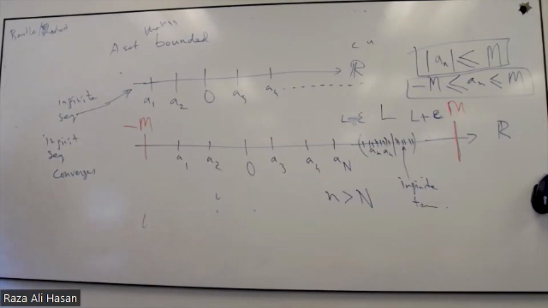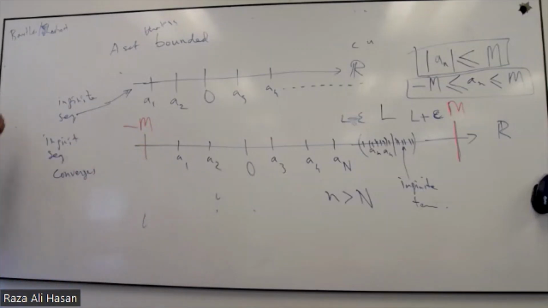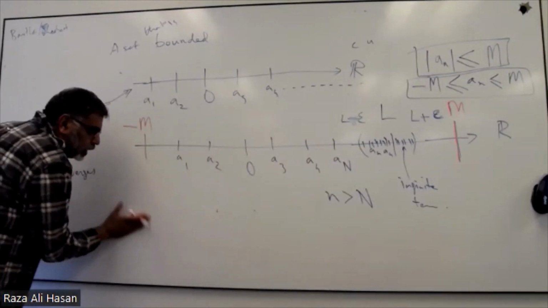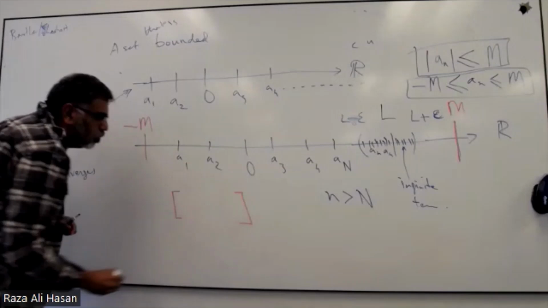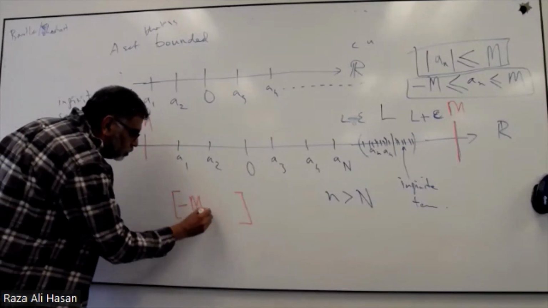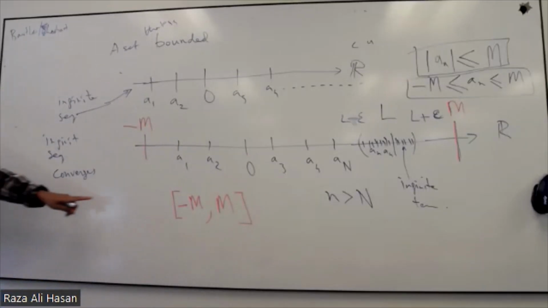And these are not terms of the sequence. What you have is that this sequence is inside this closed set, or this closed interval. Is it true that this sequence is found inside this closed interval?